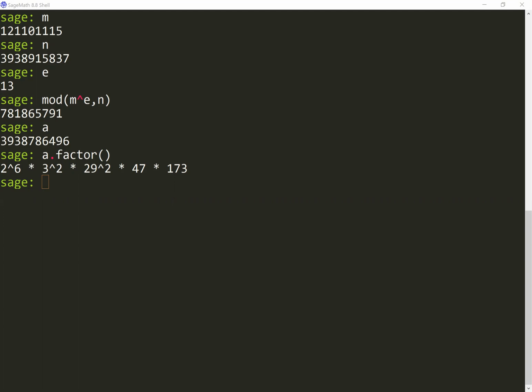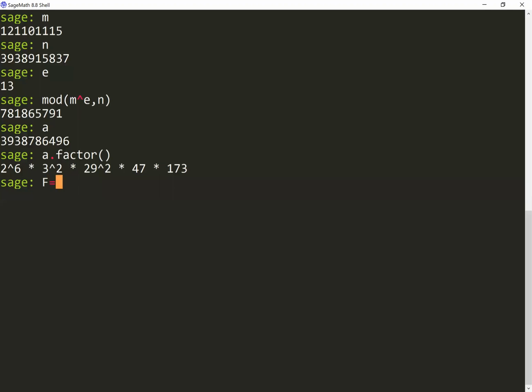Let's do one example. How do we solve 13d congruent to 1 mod 47? We want the inverse of 13 mod 47, and we can use Sage.